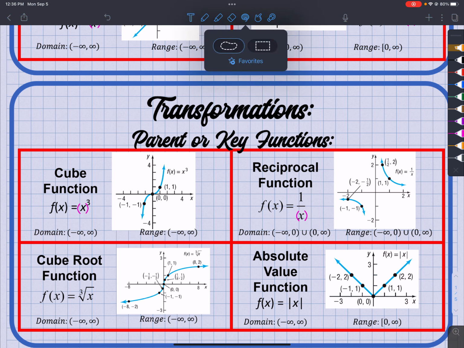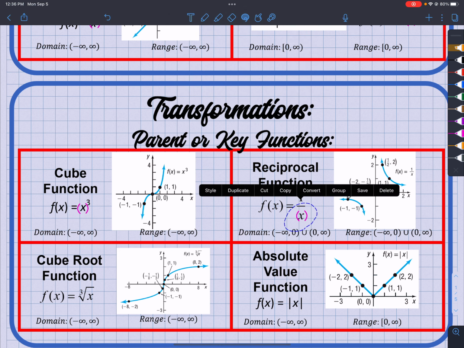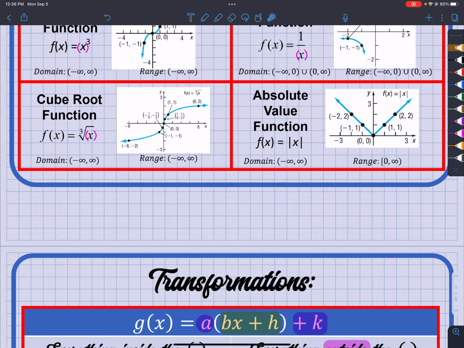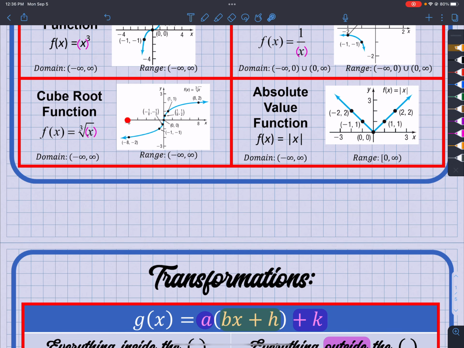And then we have the cube root. Now, we can take the cube root of a negative number. That's the reason why you can see that we have negative x values with some kind of y values to it. All right, and then last but not least, this is the absolute value.